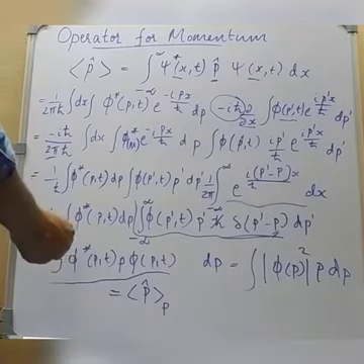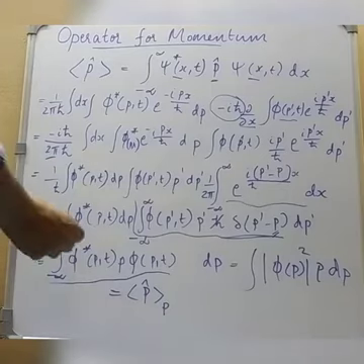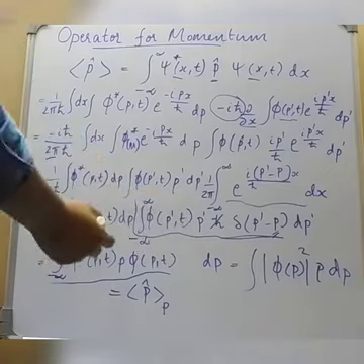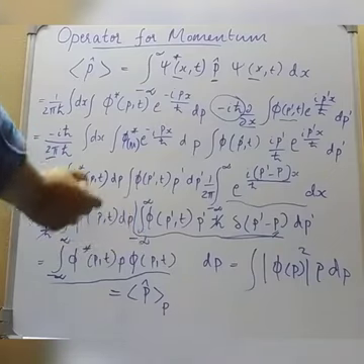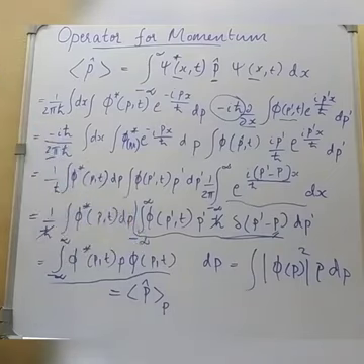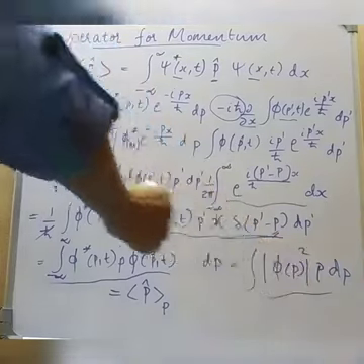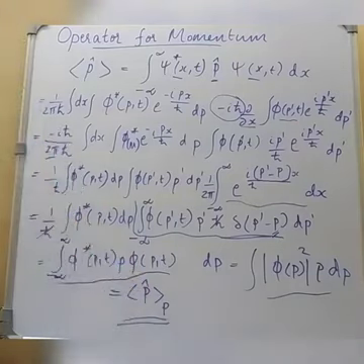So now we have, as you can see, from minus infinity to plus infinity, phi star p comma t p phi of p t dp. What does it mean? This is actually p sandwiched between the wave functions phi star and phi. So we can say that it is the expectation value of operator p. That can also be written like this, mod phi of p square into p dp. That is actually the expectation value of momentum operator in momentum space.